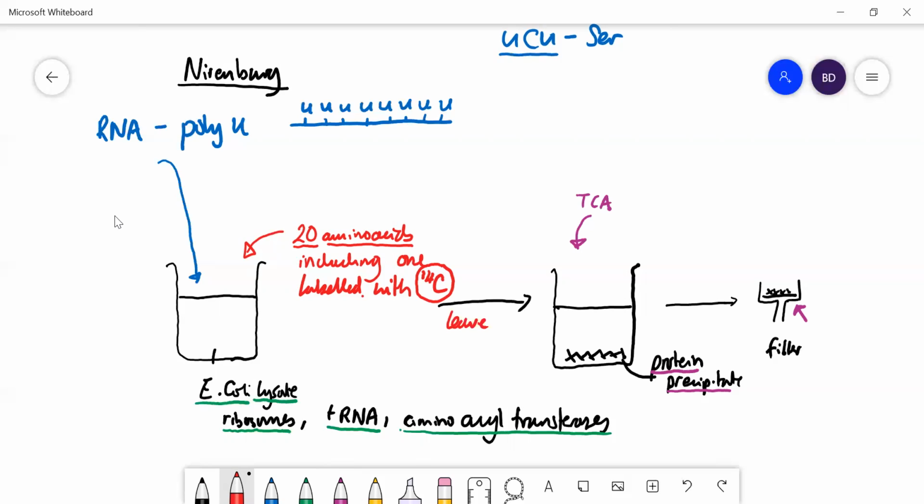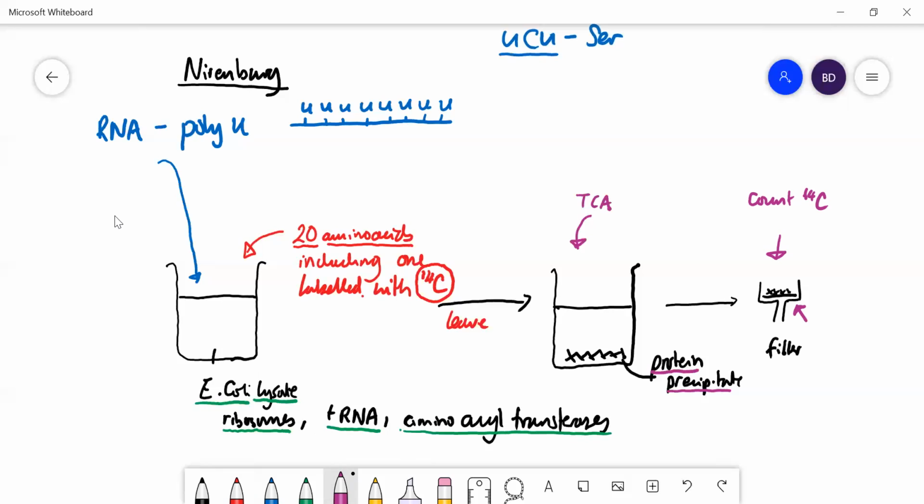Then they precipitated the protein, filtered the protein, and used a scintillation counter to count the radioactivity.